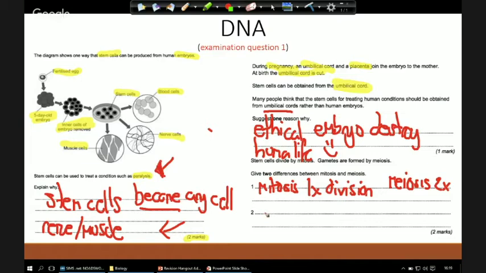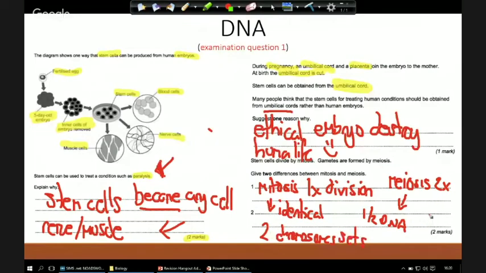Or mitosis gives us identical cells. Meiosis gives us half the DNA. Or mitosis gives us 2 sets of chromosomes, whilst meiosis will only give us 1.